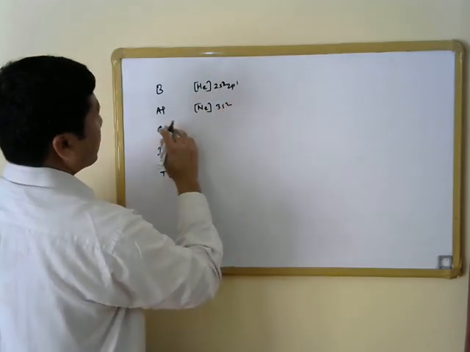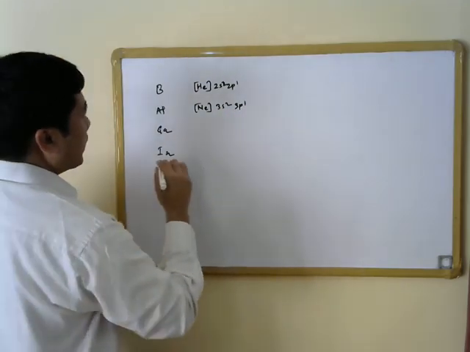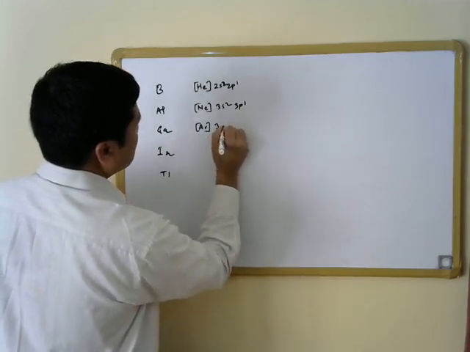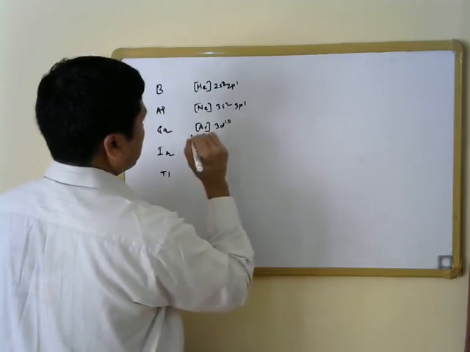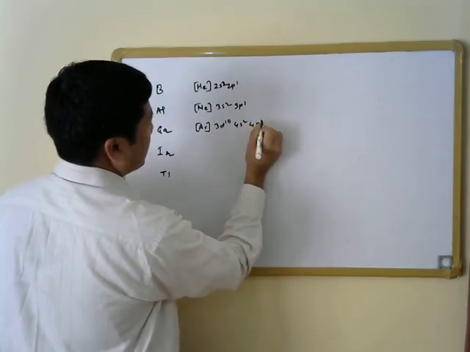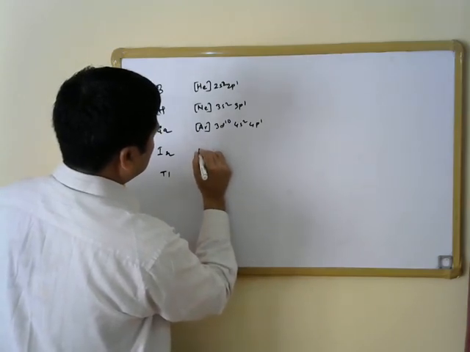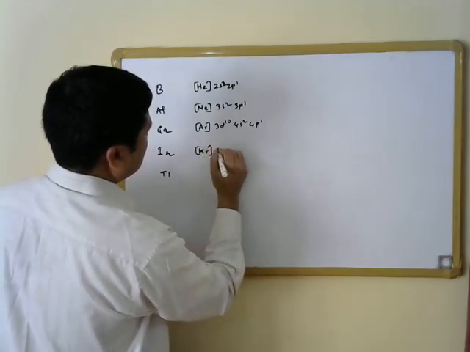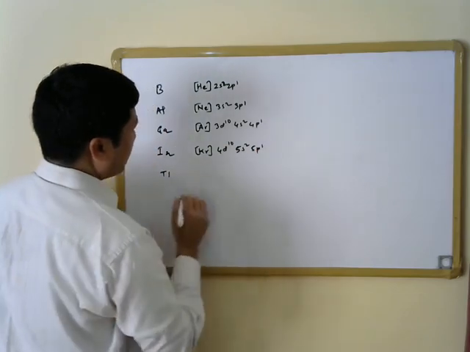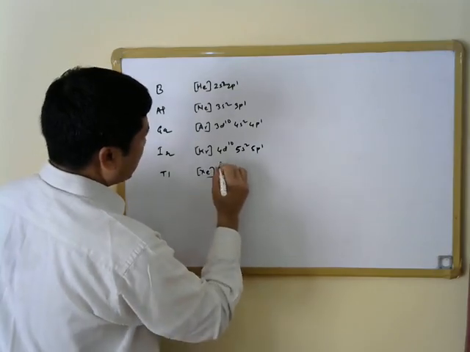For aluminium, it is 3s2 3p1, while for gallium, the valence shell also contains 10 d electrons, that is 3d10, 4s2, 4p1, and for indium as well, this is 4d10, 5s2 and 5p1, and for thallium the noble gas is xenon.